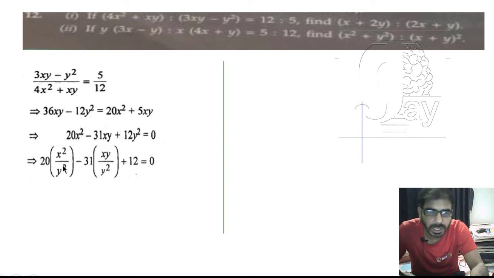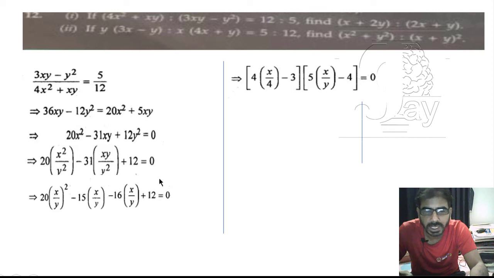Now this is a form of quadratic equation. This is x by y whole square, this is x by y, and there is no x by y term. So this is a quadratic equation, and when we split the middle term, we get the zero product rule, where we have these two terms equal to 0.